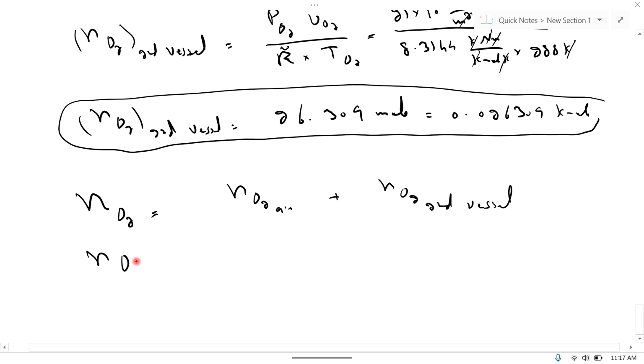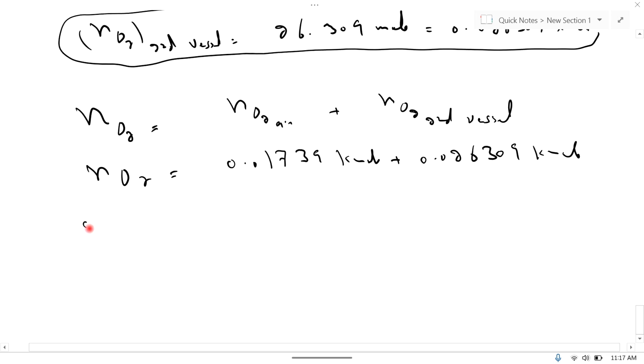So the number of mole of oxygen is equal to 0.01739 kilomole plus the number of mole of oxygen in the second vessel, 0.026309 kilomole.